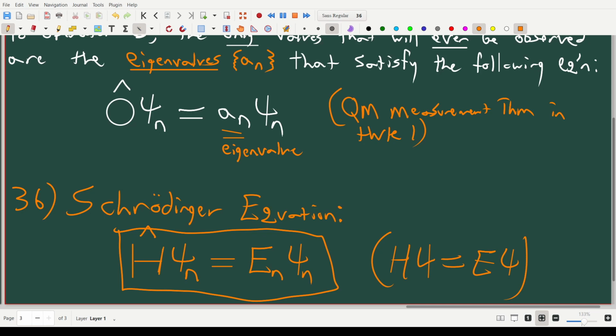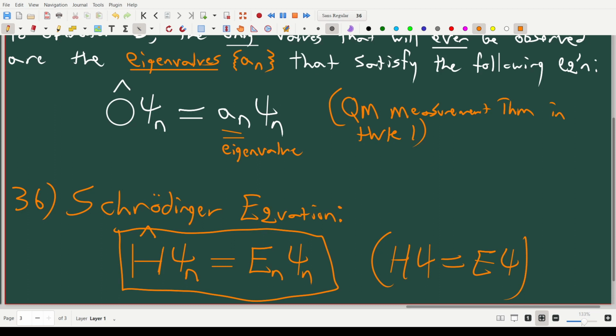So if we know what H looks like, E is just a number, it's just a constant. We have an algebraic equation here. It says when H is applied to a function, it gives the same function back times a constant. We can solve this, assuming that H is well behaved, assuming we have something that isn't crazy for H.